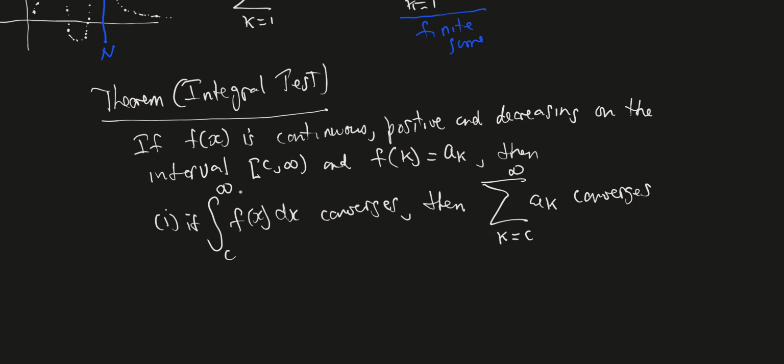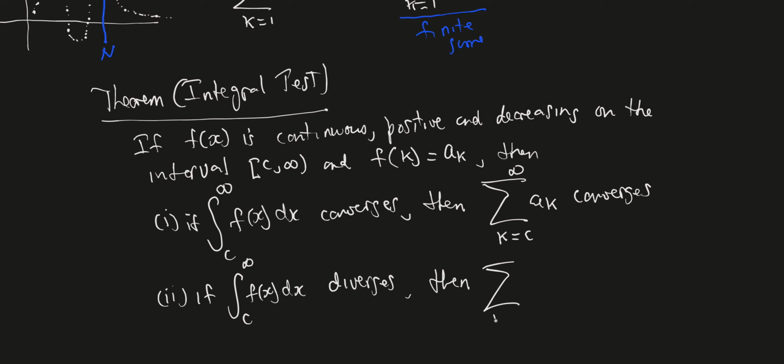Again, if there's a finite area under our function, under all these hypotheses, then there has to be a finite area under the corresponding rectangles. And similarly, if the improper integral diverges, then our series also diverges. So they're joined at the hip, these two.